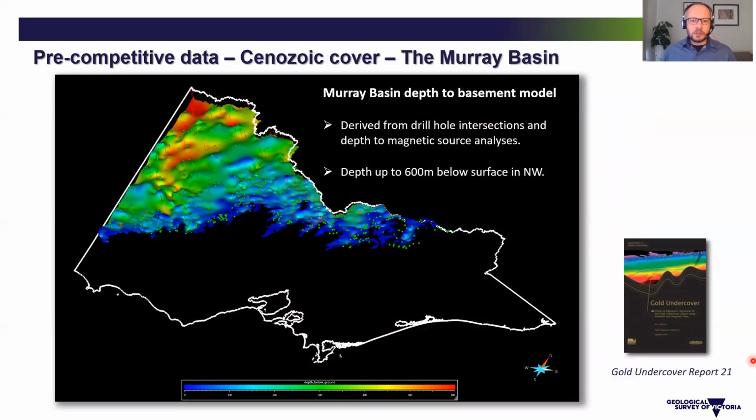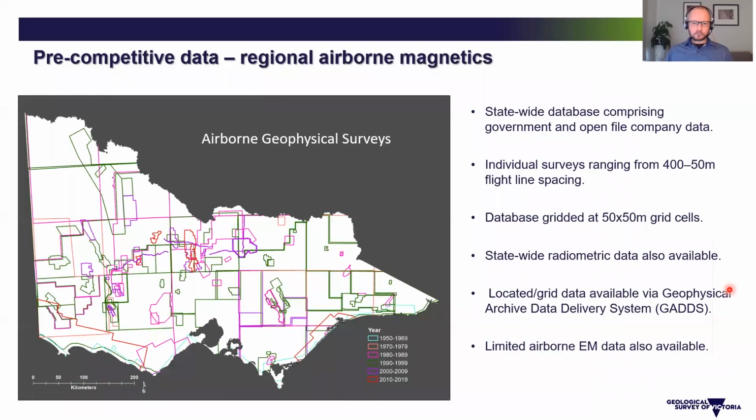So the Murray Basin is a younger set of sediments that cover the Paleozoic rocks in the northern parts of the state, and we've done some work to try to help understand that basin. So a depth to basement surface is available for download and for use, and that contains various units within the basin derived from drill hole intersections and geophysical modelling as well.